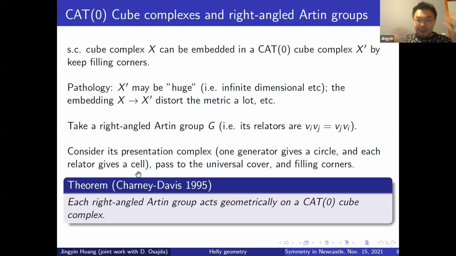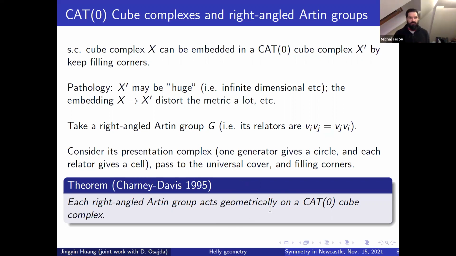So you don't need to keep filling corners. As a consequence, each right-angled Artin group is going to act geometrically on a CAT(0) cube complex. The point is that to make sure that the action is geometric, we want to make sure that we're not in a situation where we're forced to fill in corners over and over again.